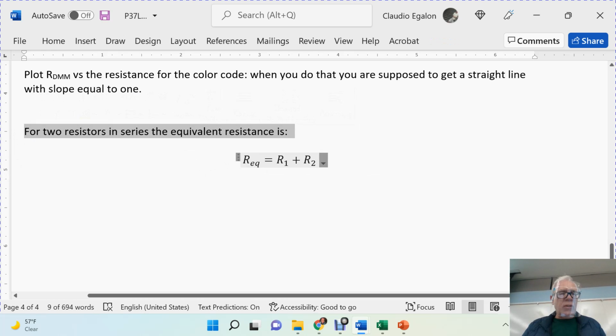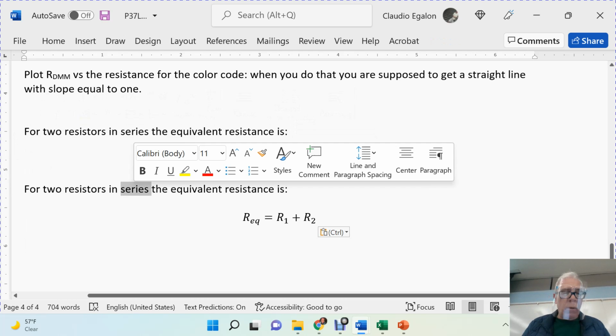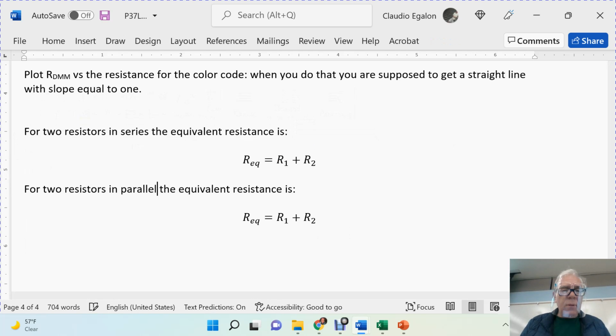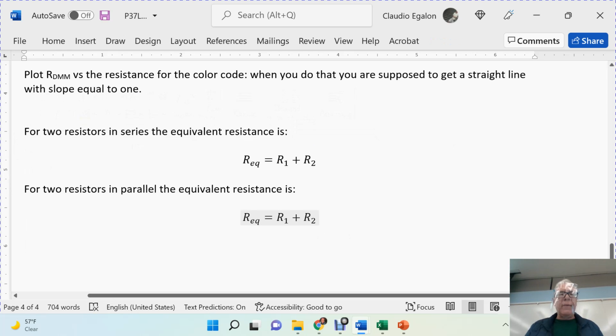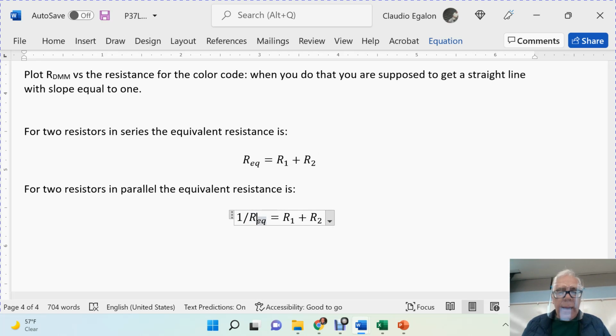And what about for two resistors in parallel? For two resistors in parallel, the equation is, the equivalent resistance is what? Take a look. Here is R1 plus R2. Here is 1, the inverse. Okay? It's very easy to memorize.